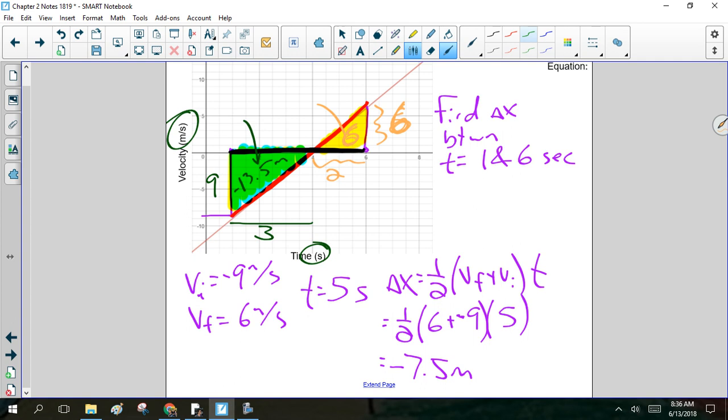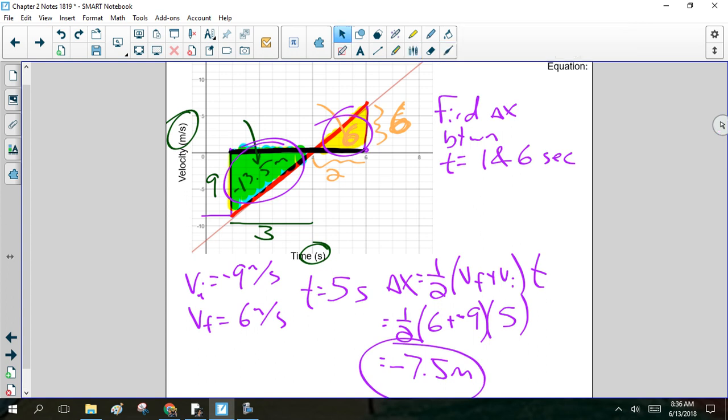Which means our area is 6. So now, when you find your total area, it's going to be 6 plus negative 13.5, which gives you negative 7.5. Okay? So that's that.